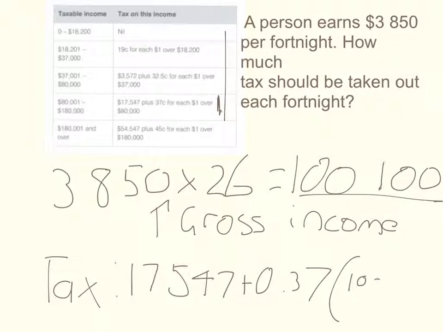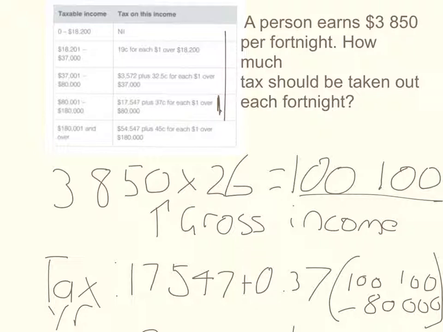So it'll be 100,100 minus 80,000. That tells us how much they've earned over 80,000. Again, all we need to do is put that in our calculator, and we get 24,984. So that's how much tax they pay for the year.